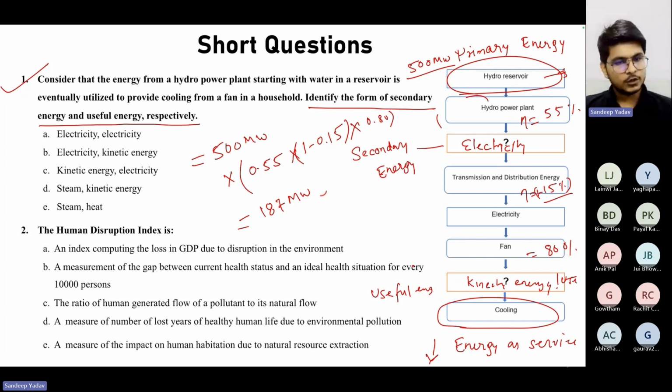No. The ratio of human generated flow of a pollutant to its natural flow. Yes. A measure of the number of lost years of a healthy human life due to environmental pollution. And the final one is a measure of impact of human habitation due to natural extraction. So I think C, D, and E look familiar, but option C is the correct option.